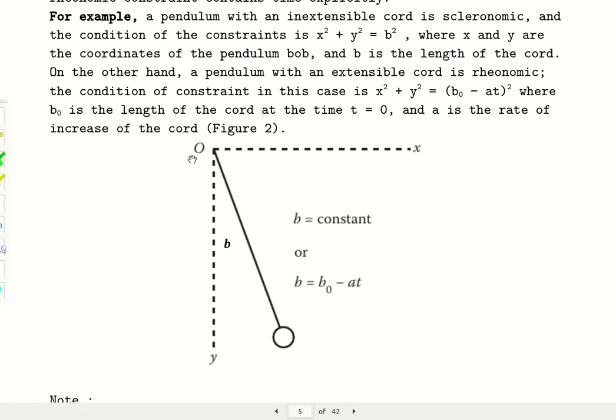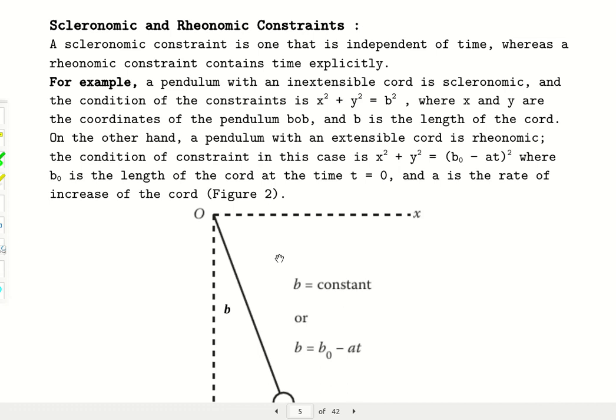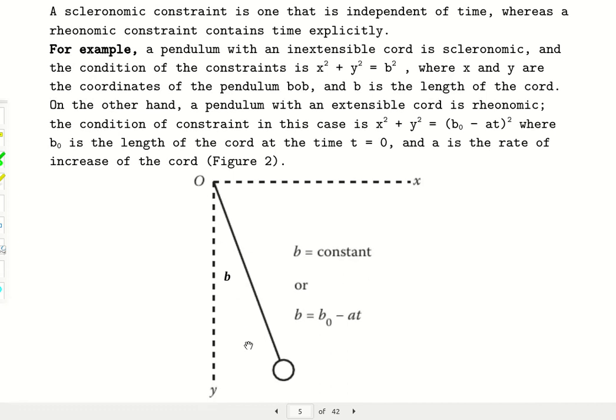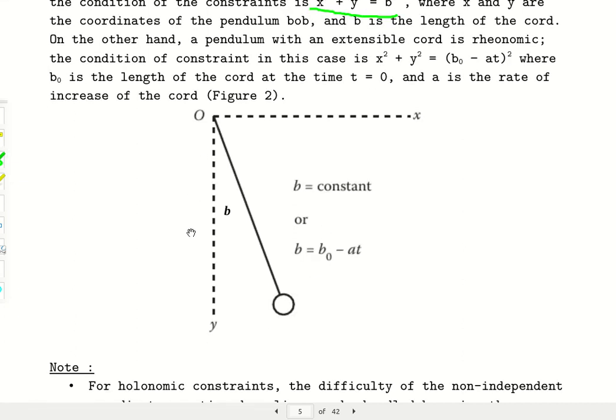And if the length of the pendulum remains constant with time, then it is called a scleronomic constraint. And here the constraint is also holonomic, because the position of the bob is xy, so x square plus y square is always b square. It is written in terms of an equation, so it is a holonomic constraint.